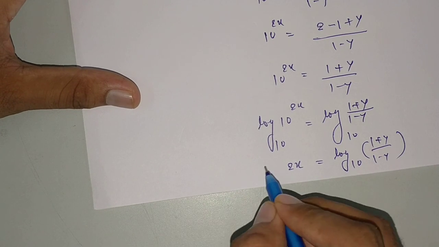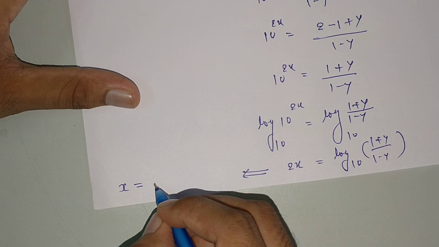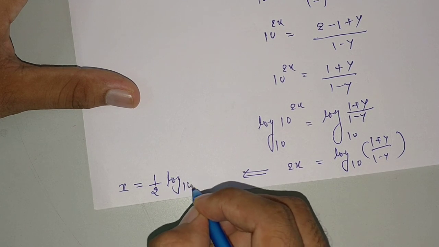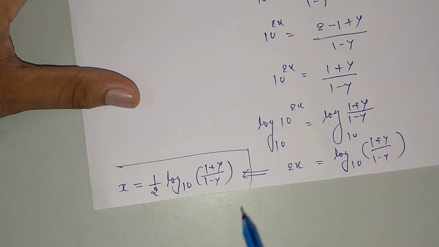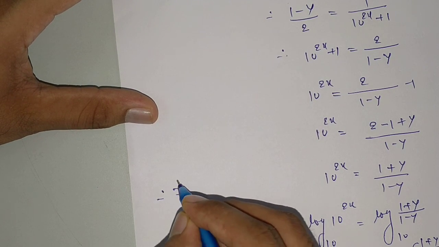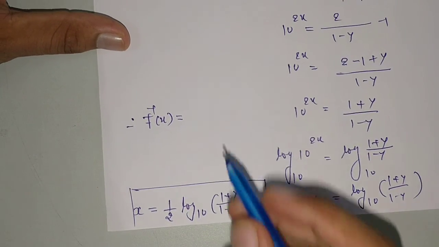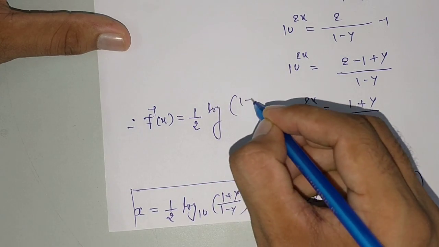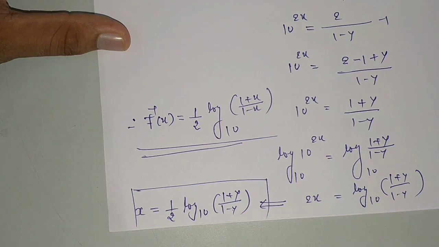Now solving for x, we'll get x equals 1 by 2 log base 10 of 1 plus y upon 1 minus y. So this is the inverse function of f. We write it as f inverse of x. Replacing y with x, we'll get 1 by 2 log base 10 of 1 plus x upon 1 minus x. This is the solution.